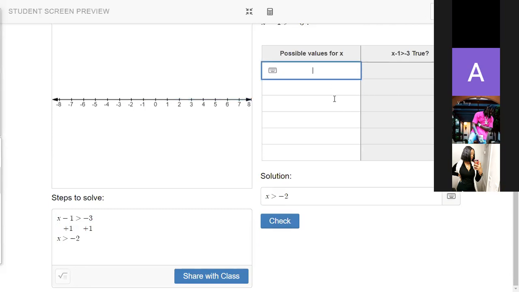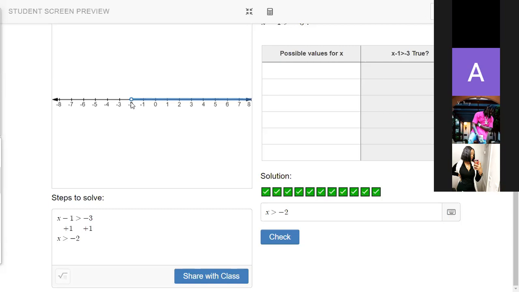Now, what are some values that are greater than -2? It's basically anything inside this blue. So write some numbers here. What's a number that's greater than -2?